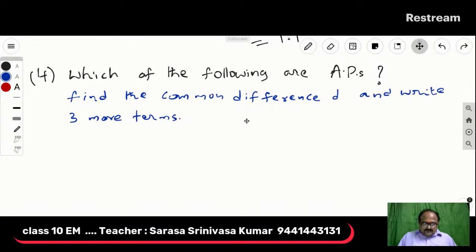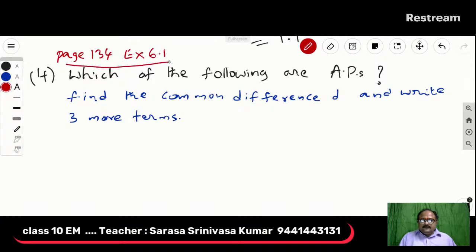I am explaining each and every problem in the textbook. This is page number 134, exercise 6.1. Now, first problem. In this first problem, 2, 4, 8, 16, and so on.